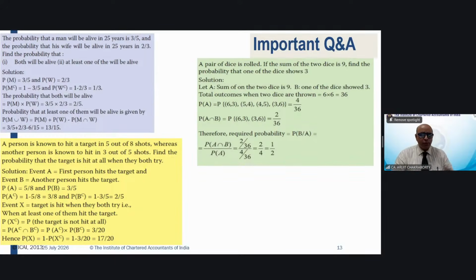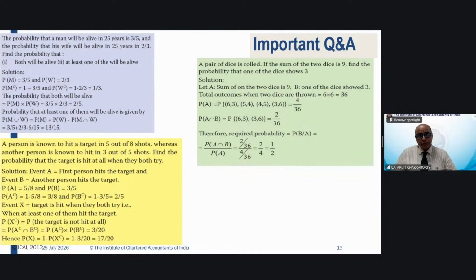So this is an example of conditional probability. Here we are using the formula P(A∩B) = P(A) × P(B|A). Probability of B by A means the probability of event B, assuming that event A has already occurred.